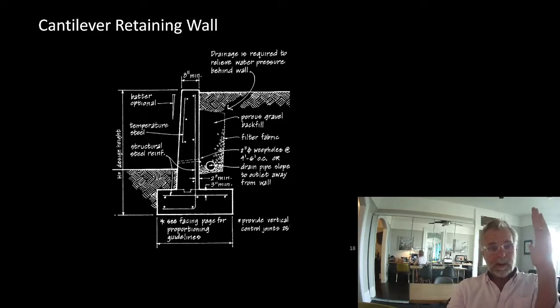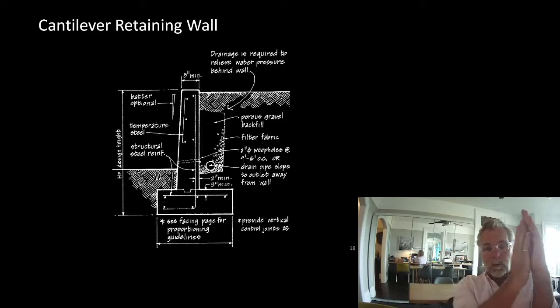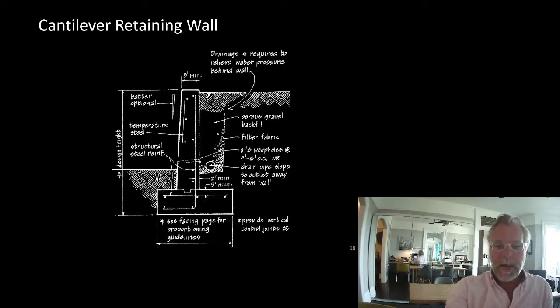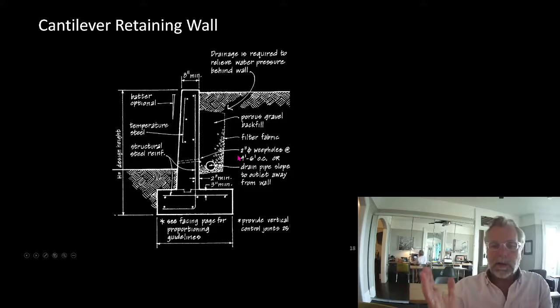So we stand a wall up and we backfill on one side. That soil is trying to push the wall over, which is why we put a fat footing down underneath it. And we put the footing under the high side because the weight of soil assists in resisting the overturning.